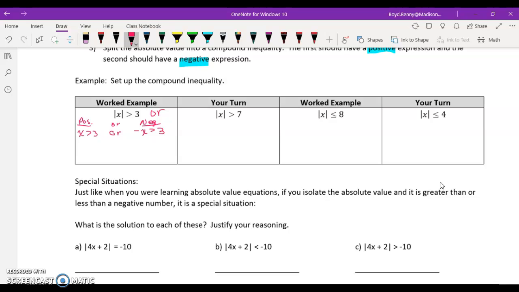Okay? To finally solve this one on the right, we will divide by -1, just like we did in the previous lesson on absolute value equations. And we see that x is less than -3, and it becomes less than because we divided by a negative number.